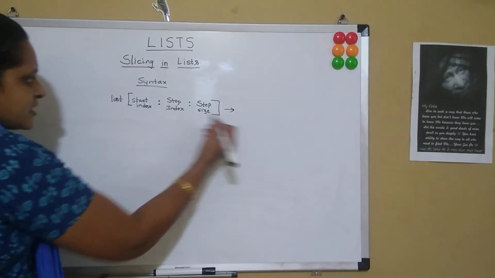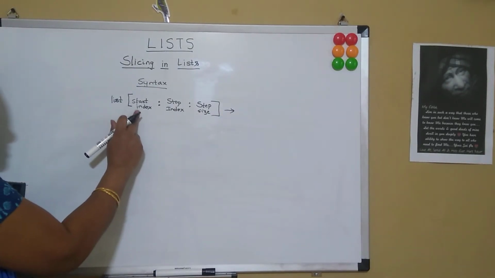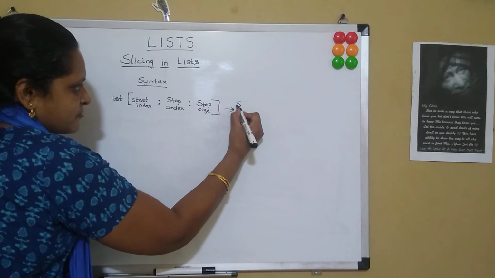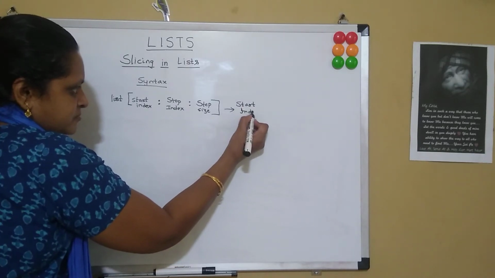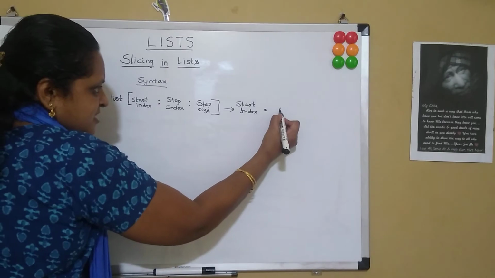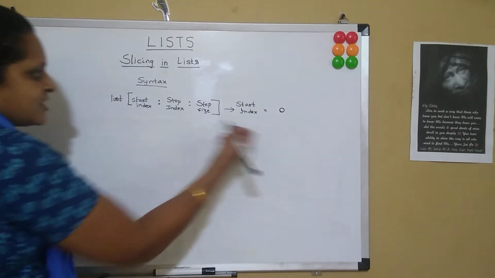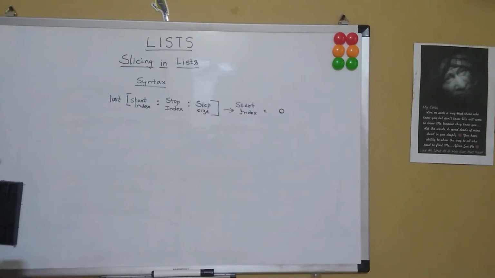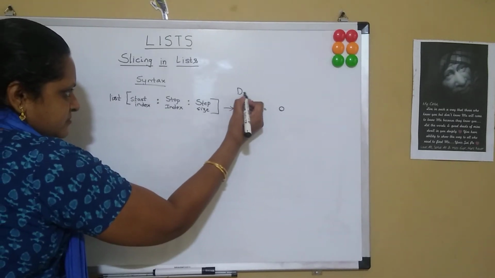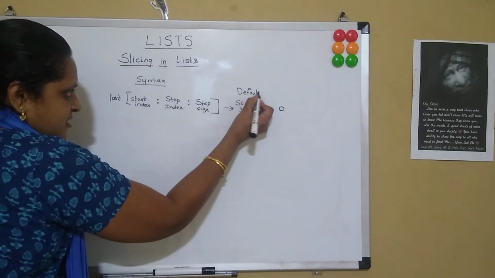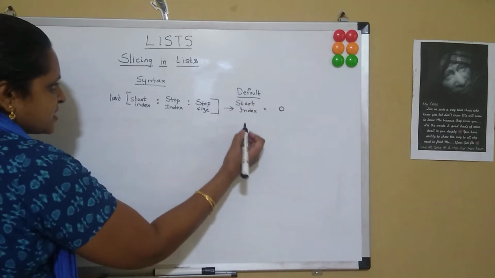So by default, if we do not specify any start index, by default start index would be 0. 0 means it will start from the beginning of the list, that is from the index 0. And by default, these are the default values.